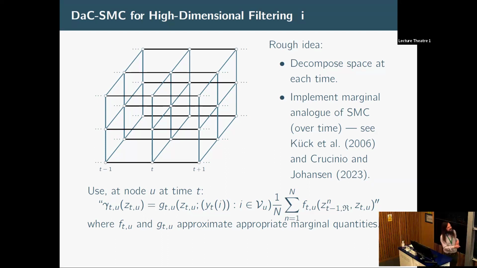These f_t's and g_t's are approximations in general, because you're not necessarily going to be able to marginalize the dynamics and the likelihood in that way, but that doesn't matter because you're going to combine them iteratively until you get to the root of this tree again, and then you're going to have an approximation of the whole state, which takes into account the actual transition dynamics and the actual likelihood.